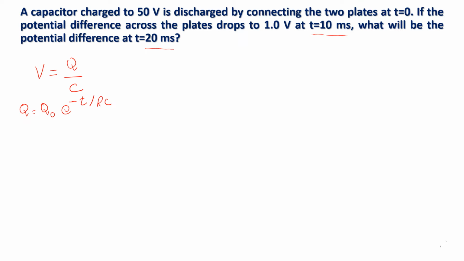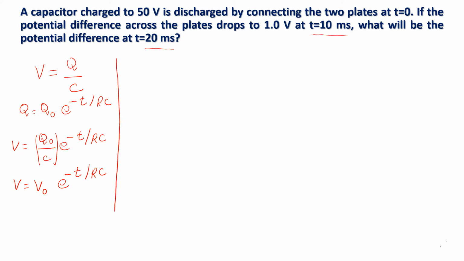If you substitute it in this equation, you get V equals Q naught by C times e power minus t by RC. This Q naught by C is nothing but V naught, so V equals V naught e power minus t by RC. So this is the general equation.